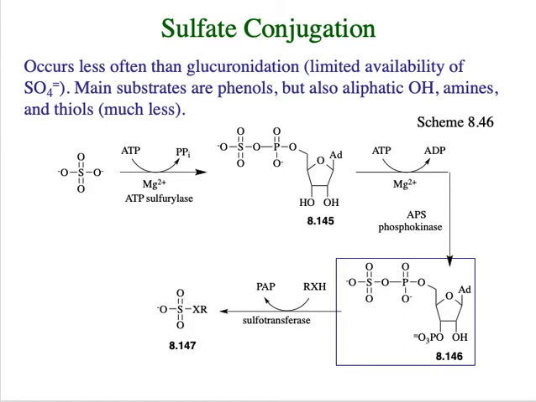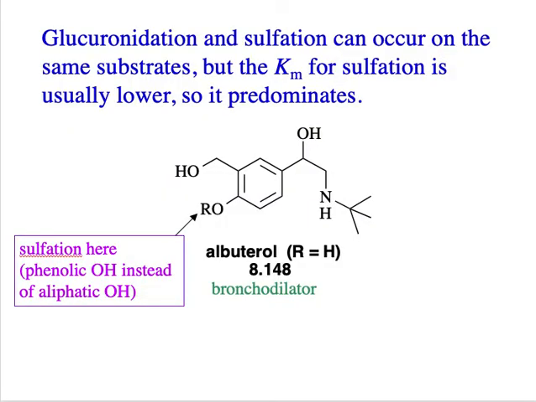Sulfate conjugation happens as well. It's less common, but here we can actually use ATP to do this. What you do is add the sulfate onto a phenol. So you can do both of them. Here's an example of albuterol oxidation, where both of these things can happen, but you actually sulfate it faster.